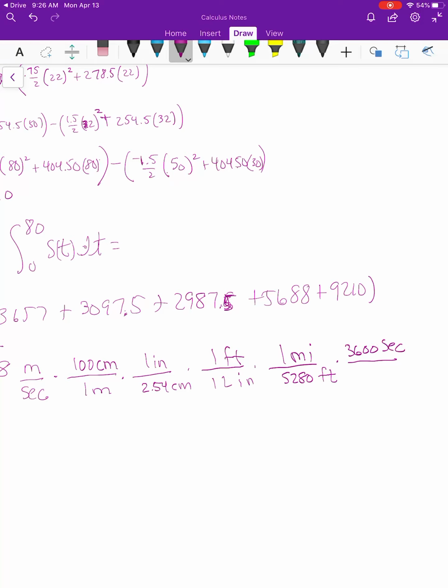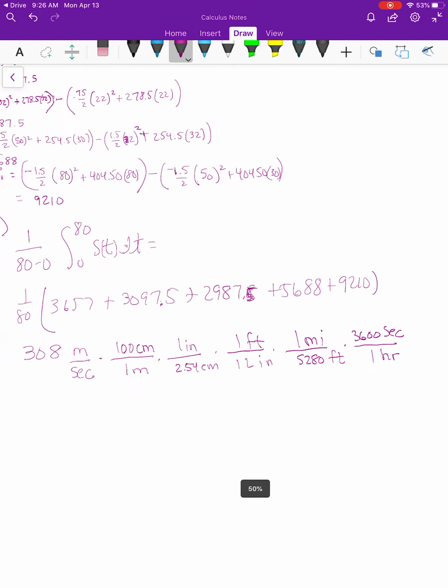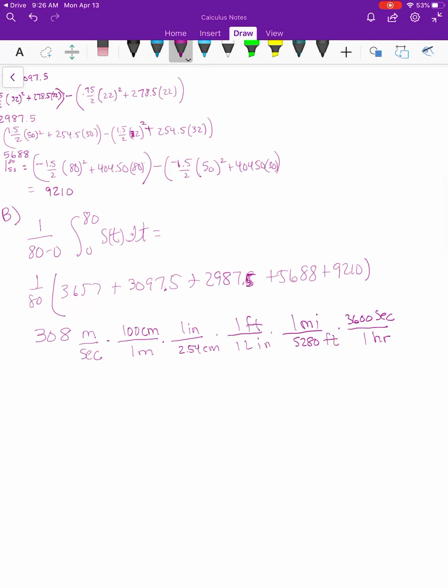So now I'm in miles per second, and we want miles per hour, so we want to get rid of seconds. We could say that 3,600 seconds is 1 hour. Or you could have done seconds to minutes, minutes to hours. And so now your meters cancel, your centimeters cancel, your inches cancel, your feet cancel, your seconds cancel, and you're left with miles per hour.